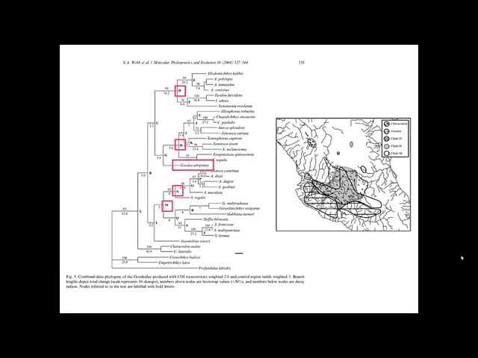So you go up the tree and say these two are more closely related than this one, but then you go to this node and you see these three are more closely related to each other than this group over here.